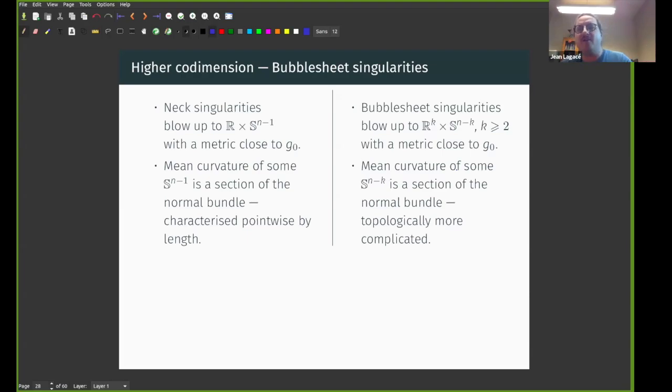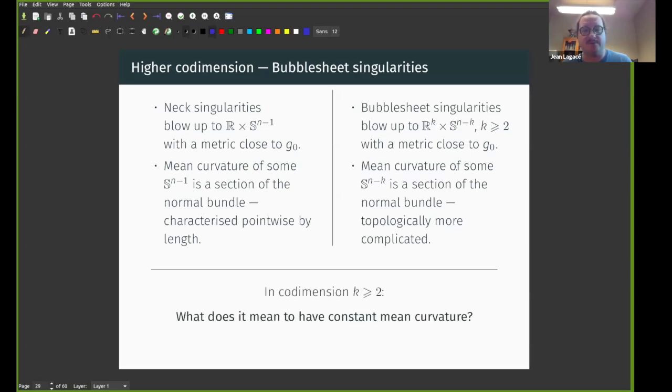Talking about a vector being constant here, when it's not just characterized by its length, means understanding precisely how the parallel transport would work on that bundle. And so talking about constant mean curvature is not exactly what I want to do. And so the question arises: in codimension greater or equal to 2, what does it mean to say that a submanifold has constant mean curvature?